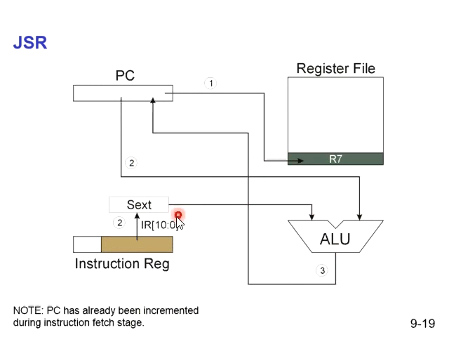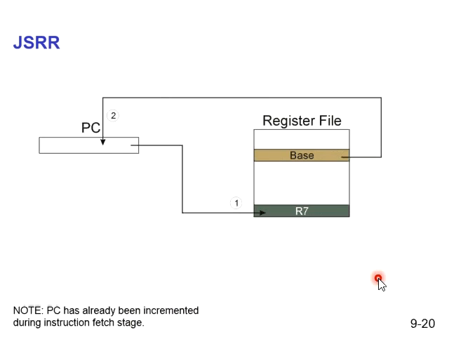Now, because we use PC offset 11, if you want to find the address of a subroutine, we can get it from the offset to find the address of our subroutine. And over here now it's different because we use the base register.